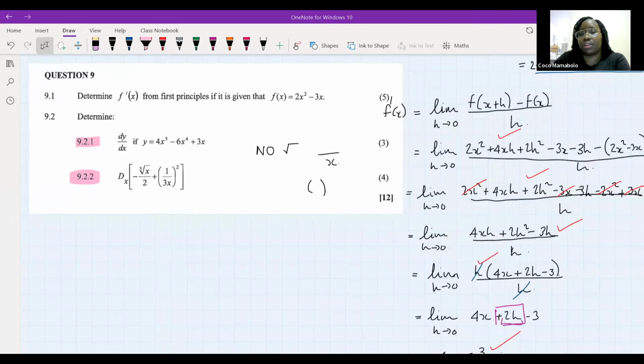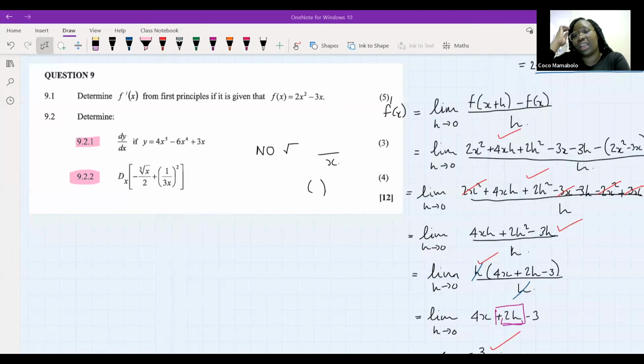Half x to the power of 3. Negative a half x to the power of 3 minus 2 over 9 x to the power of, not negative 3, Linda, check that last one.